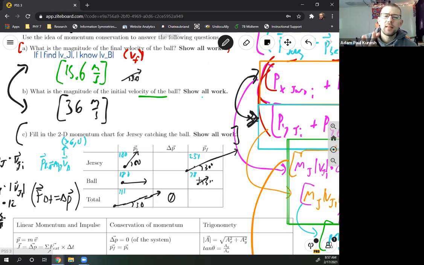If you want, like if that's not comfortable, if you're more comfortable always breaking it down into components, you can do that. This is just kind of a shortcut. If two vectors point in the same direction, then their magnitudes actually do add. If they point in anything other than the same direction, their magnitudes won't add. But here we are. We might as well use the knowledge. 234 plus 78.